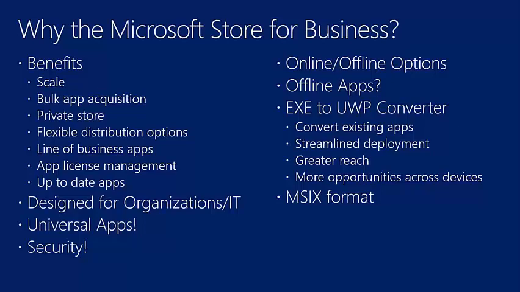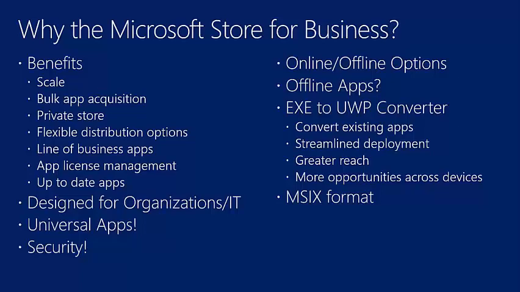One is a broader thing known as online deployment, where it's kind of self-service, and then there's offline deployment, where you can acquire the app and deploy it yourself and manage it yourself. We'll talk about that more in just a minute. Again, line of business apps, licensing, managing licenses for apps that you choose and so forth.